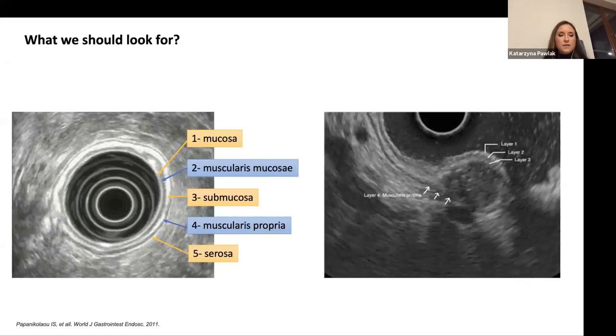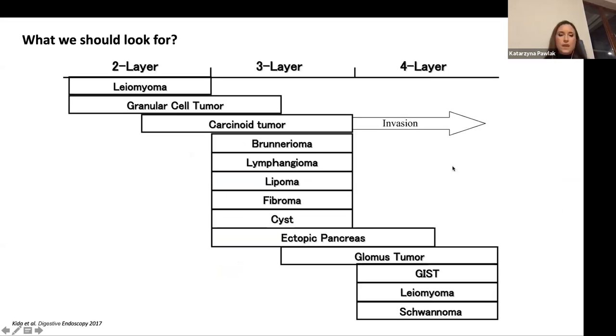And here you can see the differences between the radial and the linear scope. If you are not using the radial scope, like me, you can just visualize it with the linear scope, and it's easy to perform and easy to assess and to visualize which layer is related to this lesion.